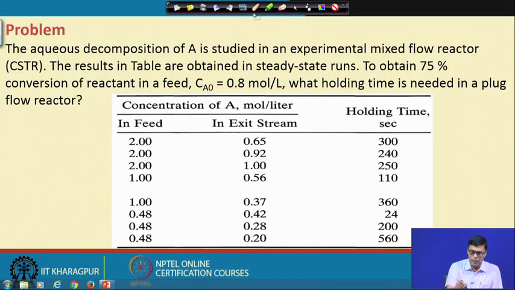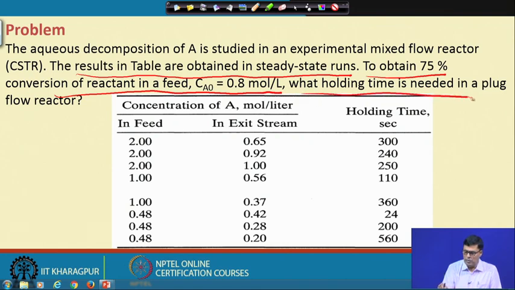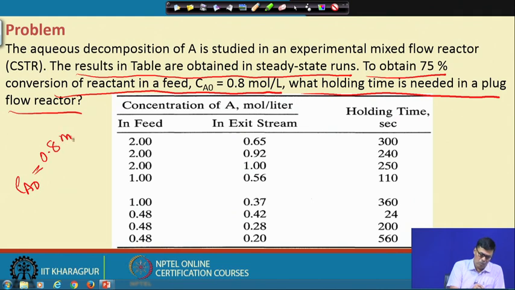So this is exactly what is mentioned here, that the runs in the table are obtained in steady state run. To obtain 75% conversion of the reactant in the feed stream of 0.8 moles, what holding time is required in a plug flow reactor? So 75% conversion of Ca0, suppose it is 0.8 mole per liter, then how much will be remaining?